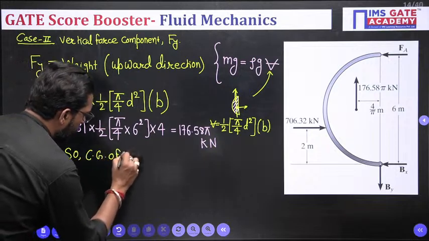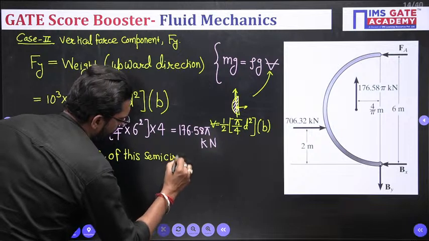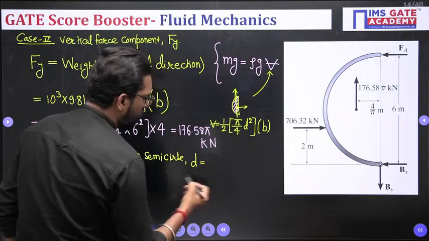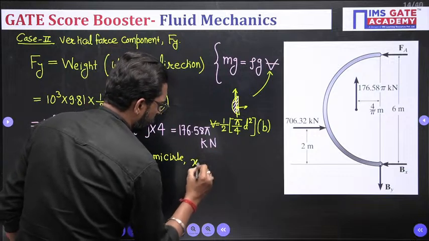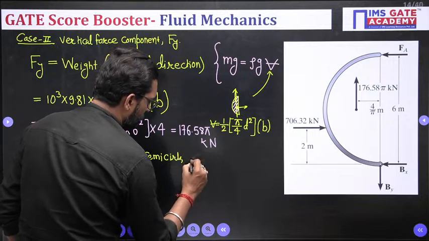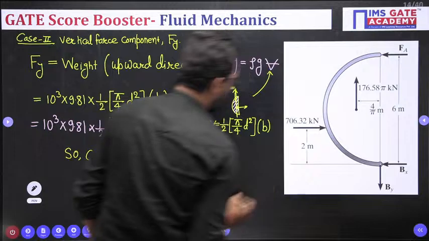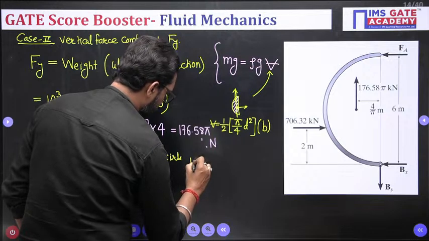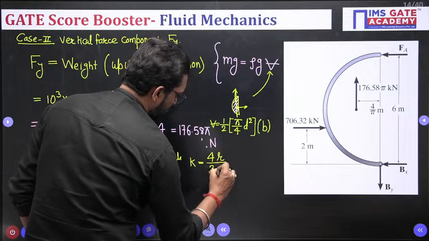So the CG of this semicircle is, let's suppose, at distance K from the base, and K is 4r by 3 pi.